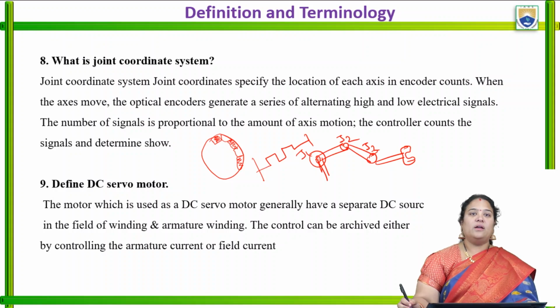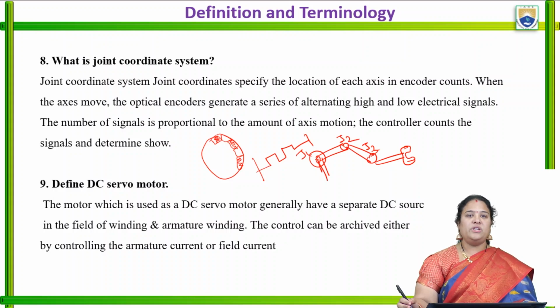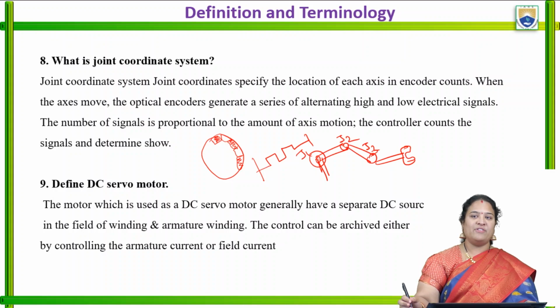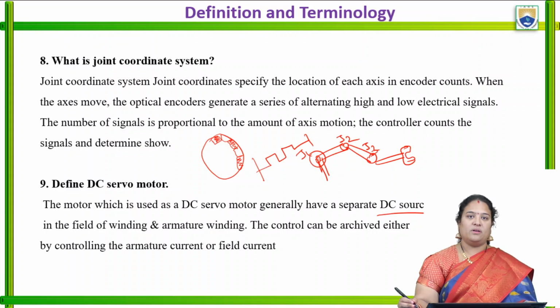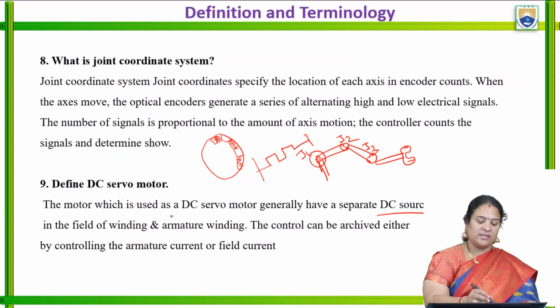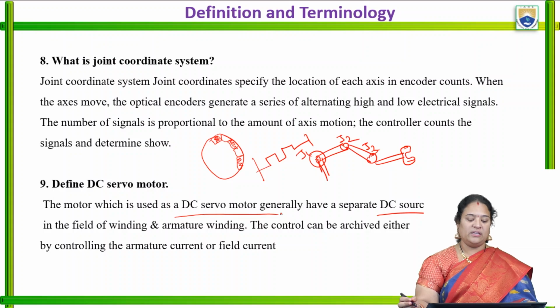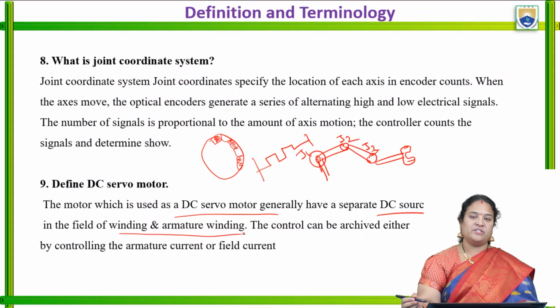Right. Next, define DC servo motor. What do we mean by a DC servo motor? A DC servo motor means a direct current servo motor. The motor generally has a separate DC source for the field winding and the armature winding.